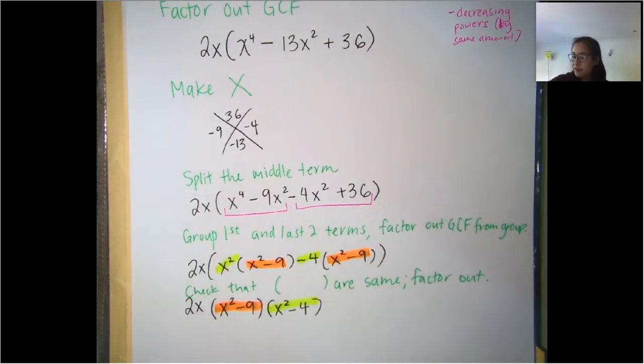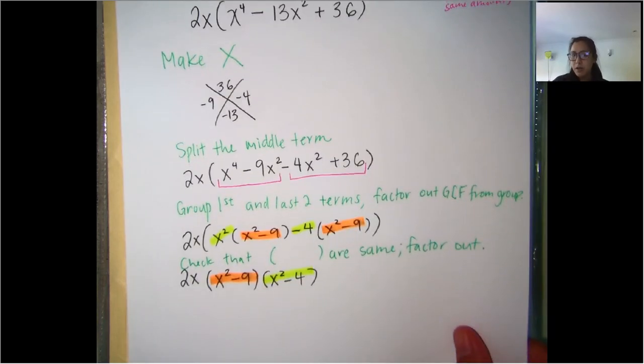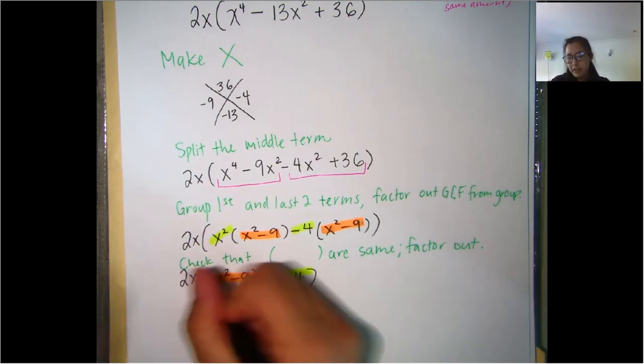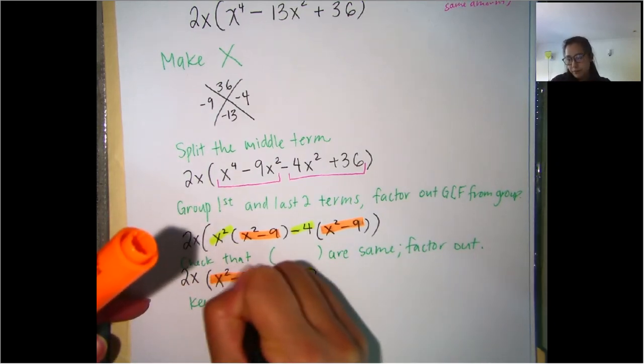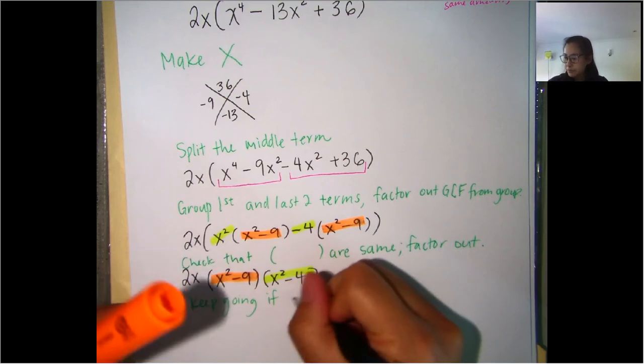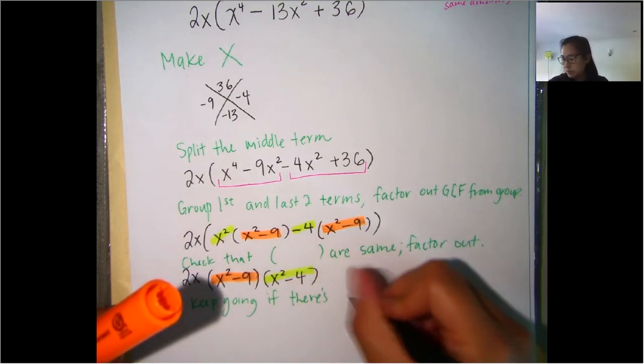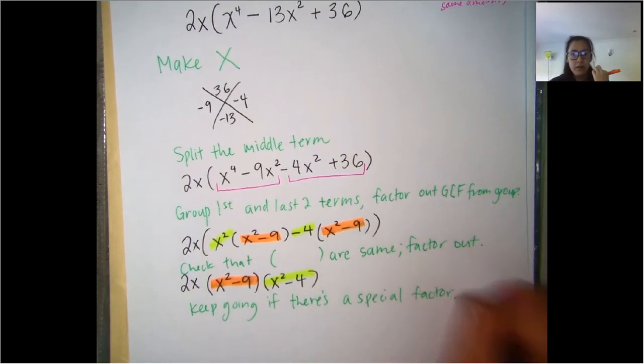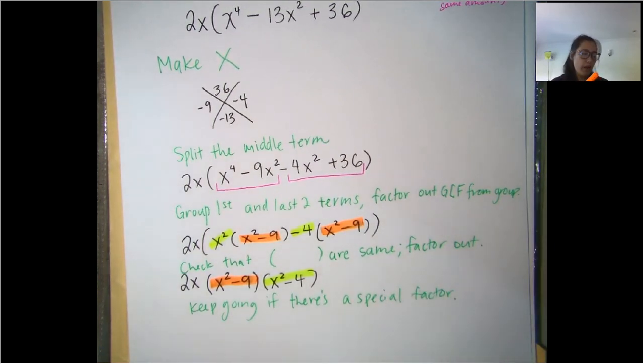So typically, if these are no longer factorable, you are done with this problem. However, if you look at both of those factors, they are both special factors, and so we have to keep going. Since these are a difference of squares, we're going to go ahead and keep going.